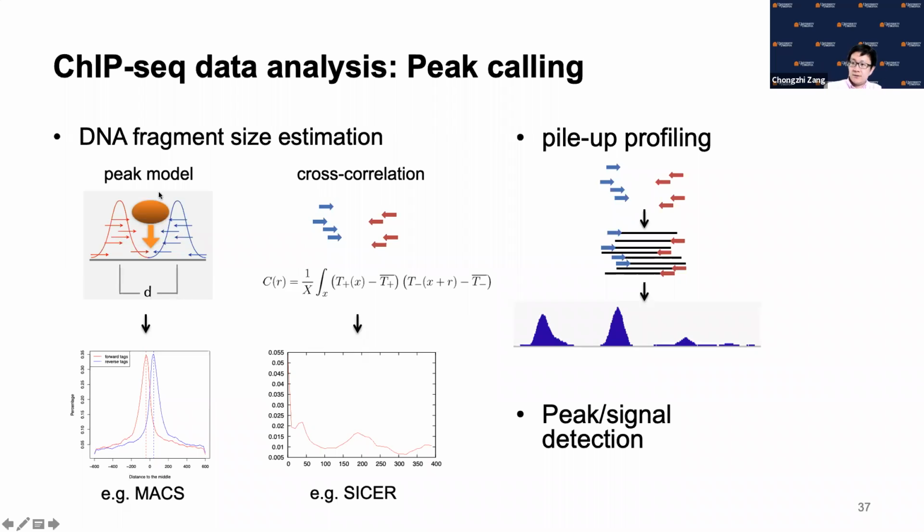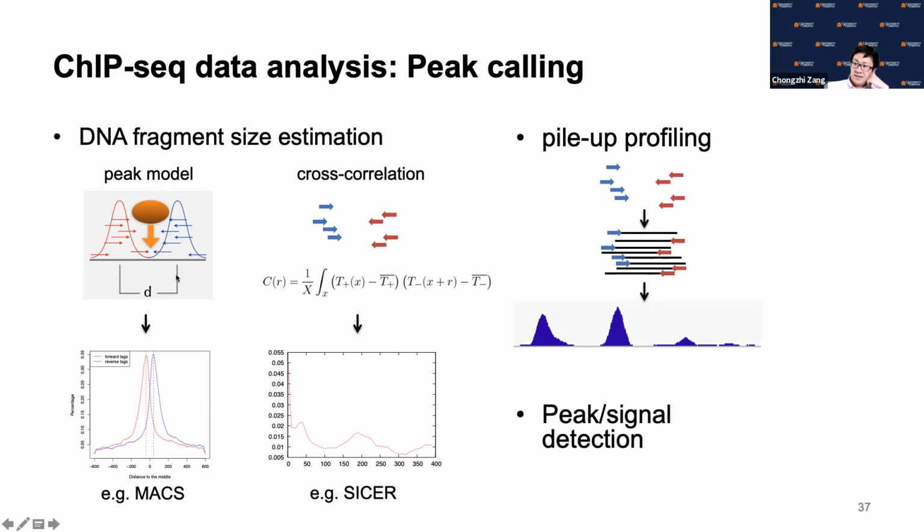So for any TF binding site, we can see the forward strand and reverse strand reads pile up around these binding sites on the two sides. And then they can form two peaks. The forward strand reads can form one peak, and the reverse strand reads can form another peak.